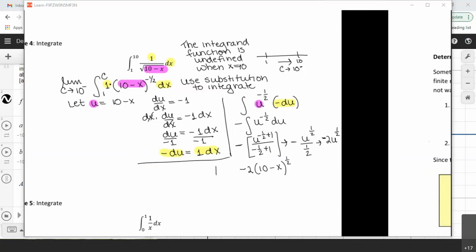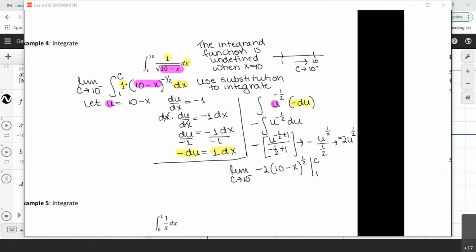And again, I want the limit as c approaches 10 from the left, evaluating this from 1 to c. So there's the antiderivative part.